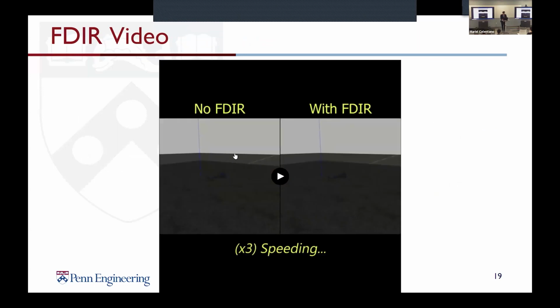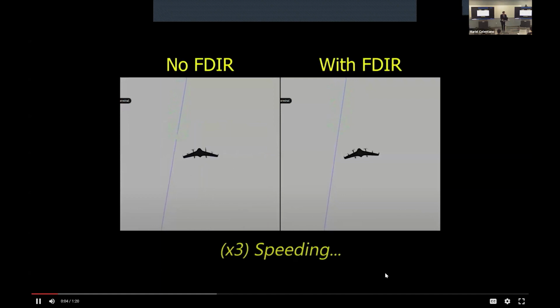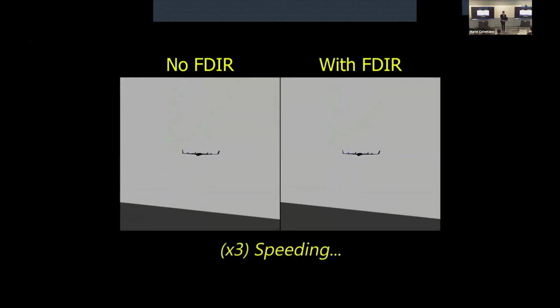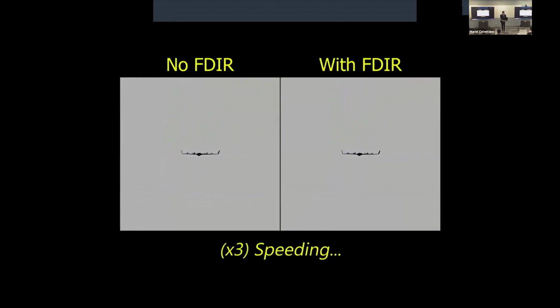And finally, I want to show you a video to better visualize our algorithm's performance. It is a comparison between the vehicles with the FDIR algorithm we developed and the one without.